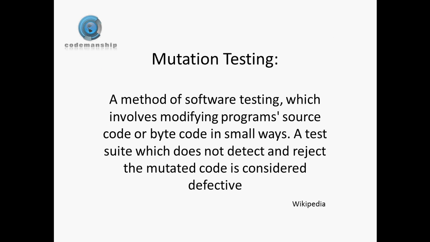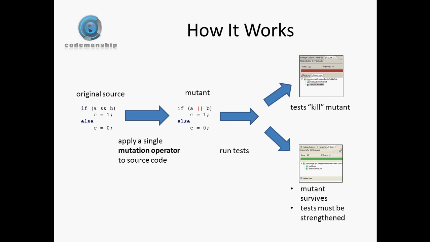It's a method of software testing which involves modifying the source code of a program or bytecode in a small way and then running our tests. A test suite which doesn't detect and reject the mutated code is considered defective. How does it work? Well, we take a copy of our source code or our bytecode and we apply a single mutation operator to it.